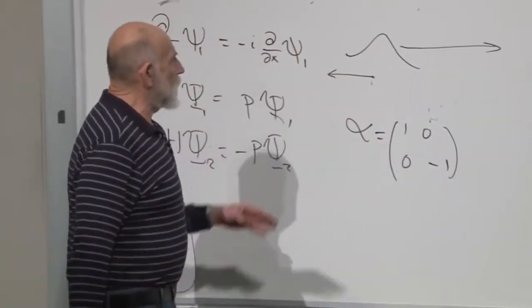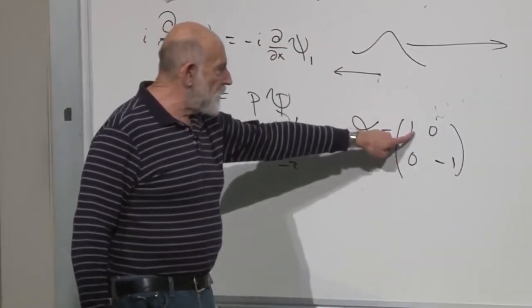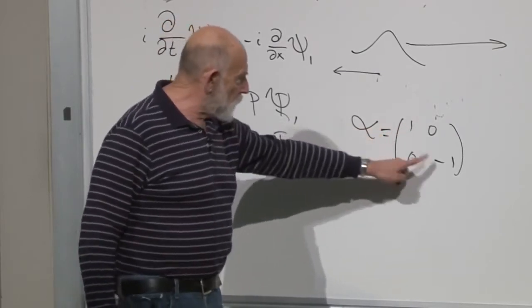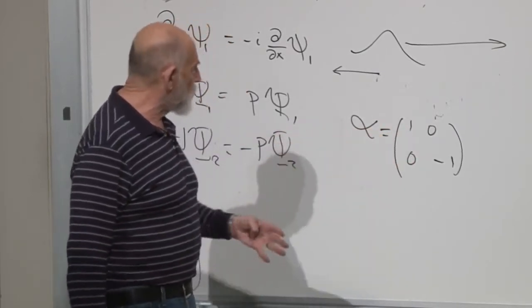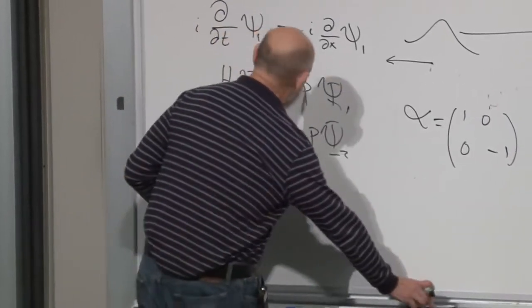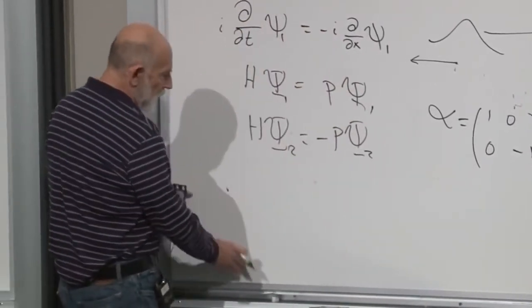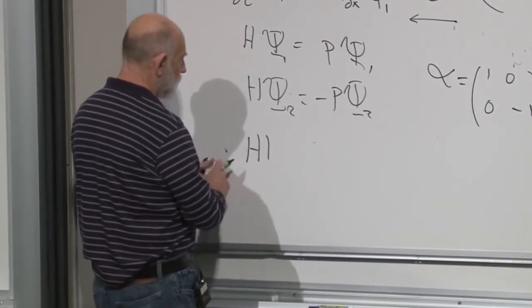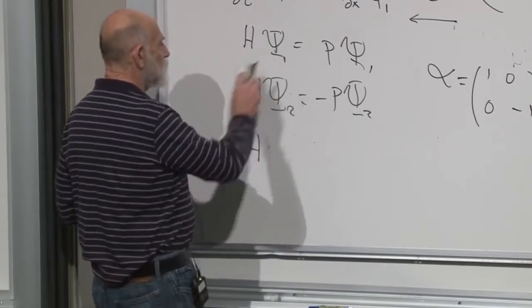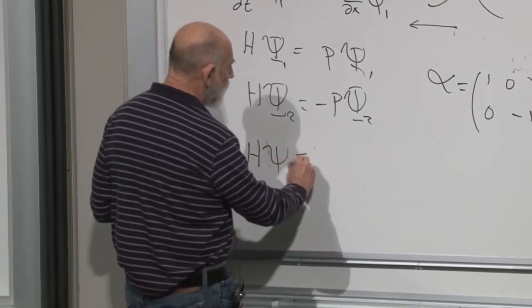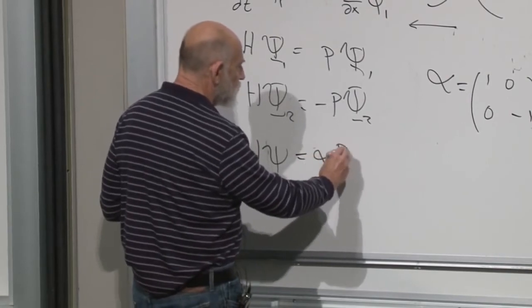And this says that psi 1 is an eigenvector of alpha with eigenvalue plus 1, and psi 2 is an eigenvector of alpha with eigenvalue minus 1. And now we can combine these two equations and just write that H psi is equal to alpha times P psi.